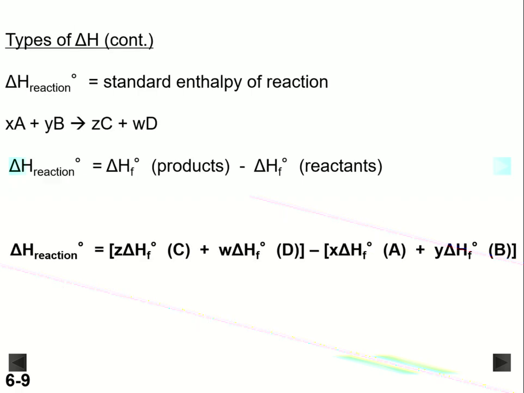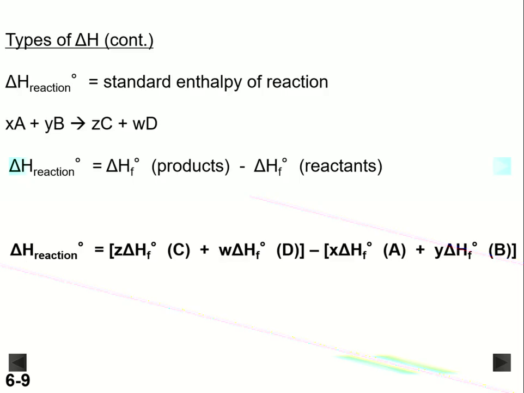This slide provides very important information for you in thinking about enthalpy changes. This provides information on the standard enthalpy of reaction, and this can be generalized across all the processes that we're going to look at. What we've done is we've taken a prototype reaction.